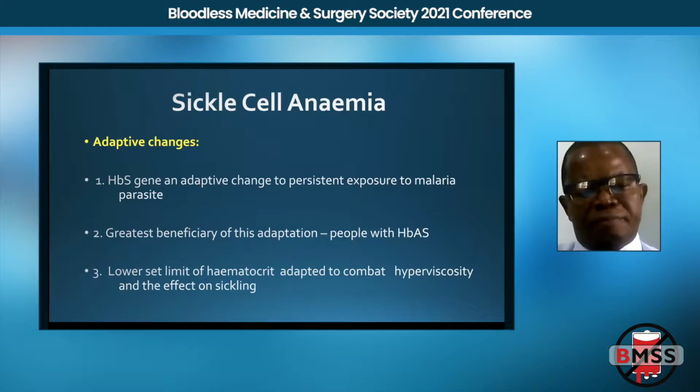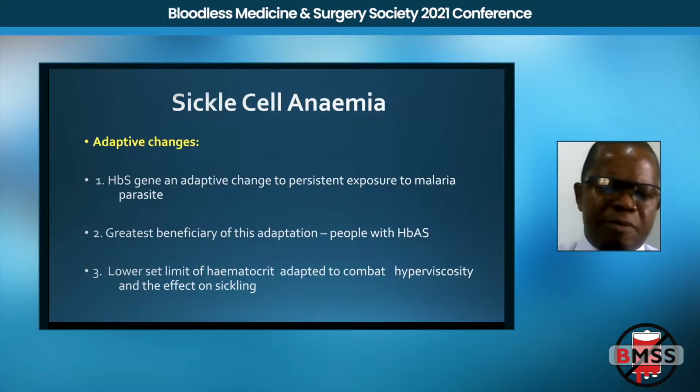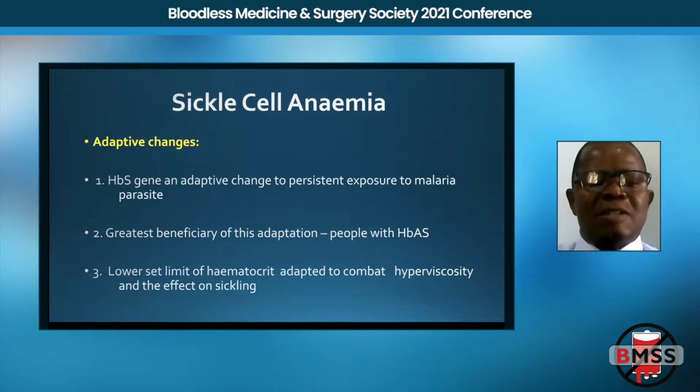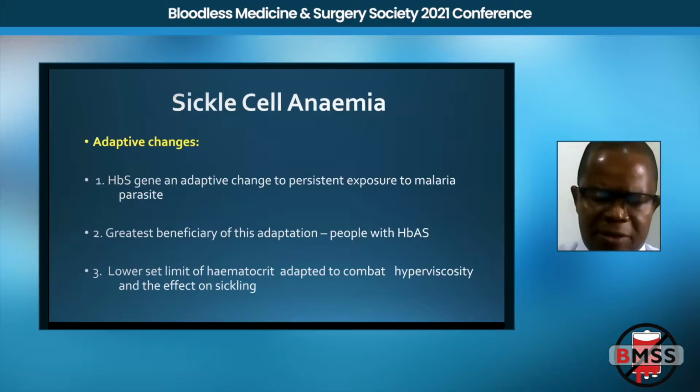The greatest beneficiaries of this adaptation are people with hemoglobin AS, who can stay almost throughout their lifetime without having malaria, or if they have, it will be very, very mild. Next slide.